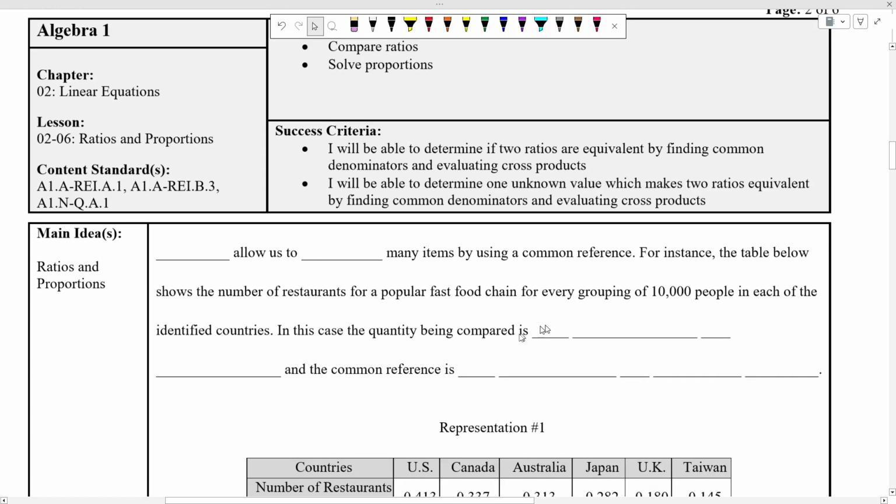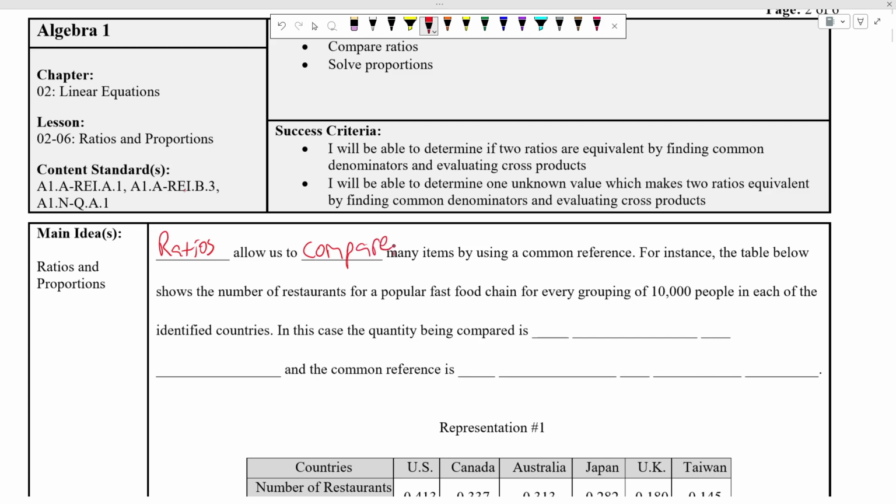So, first thing to understand, we're talking about ratios, we're talking about proportions, and essentially what they allow for us to do. So, ratios allow us to compare many items by using a common reference.